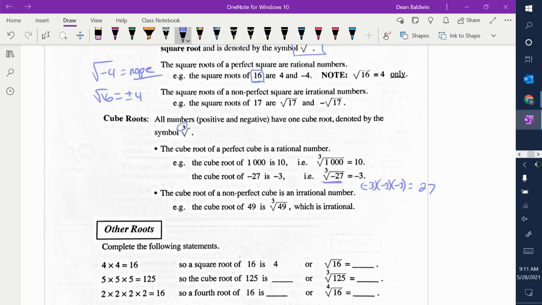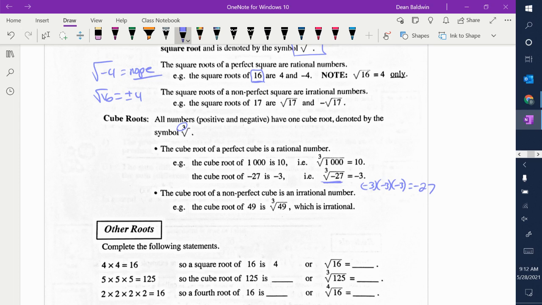A negative times a negative is a positive, times a negative again gives you a negative. So when you're doing a root that is an odd number, so the 5th root, the 3rd root, the 7th root, things like that, you can do a negative. If it's an even one, like this, there's a 2 up there, or the 4th root, we're going to see that later on, 6th root, you cannot do a negative.